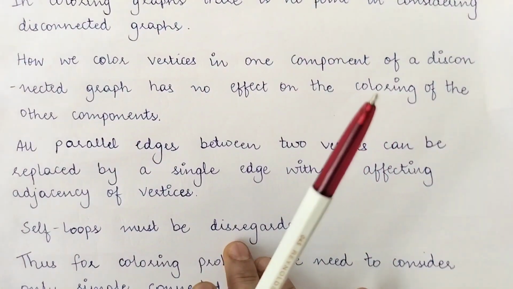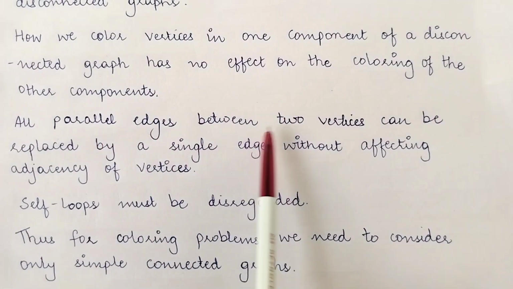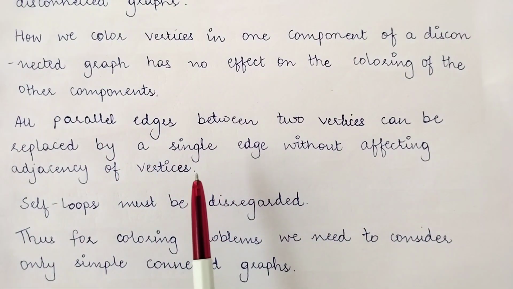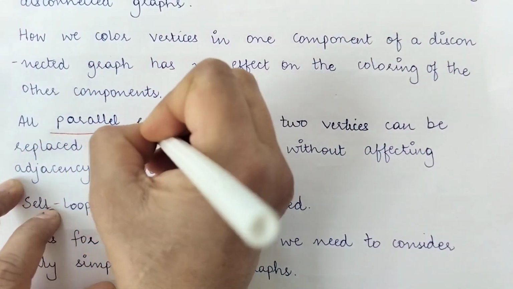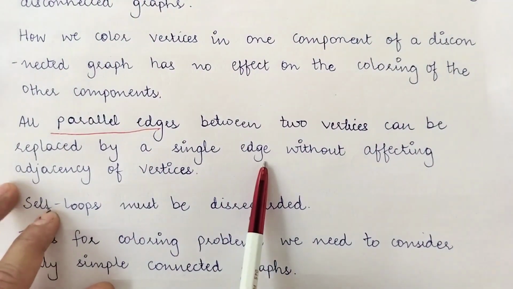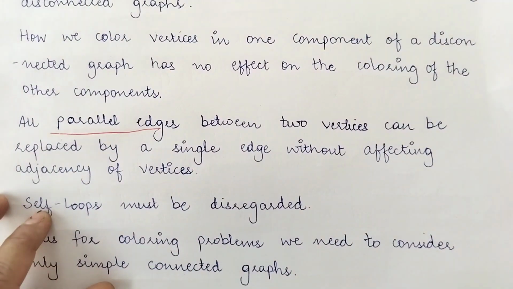So how you color vertices in one component of a disconnected graph has completely no effect on the coloring of the other components. Other than that, all parallel edges between two vertices can be replaced by a single edge. While doing the proper coloring, if you have parallel edges in a graph, you can replace the parallel edges by a single edge without affecting the adjacency of vertices.